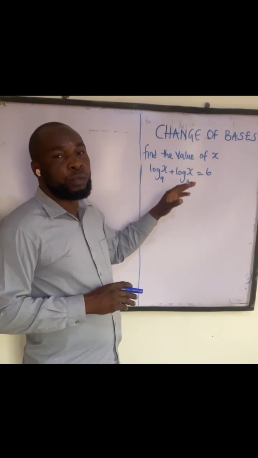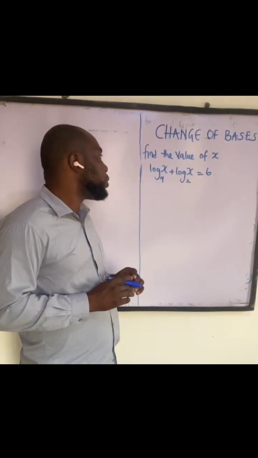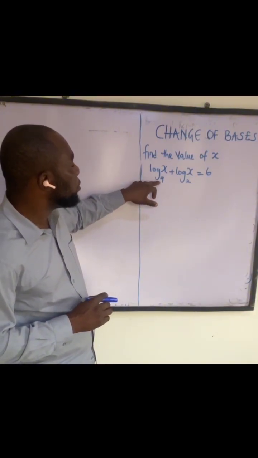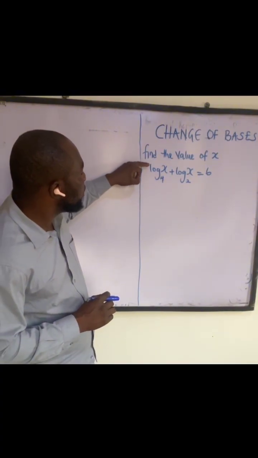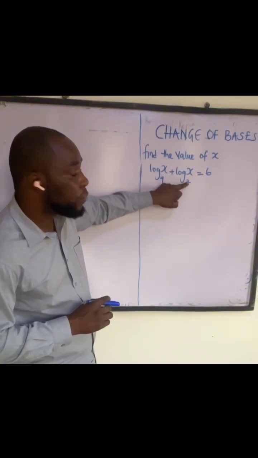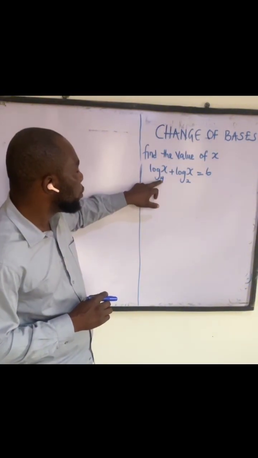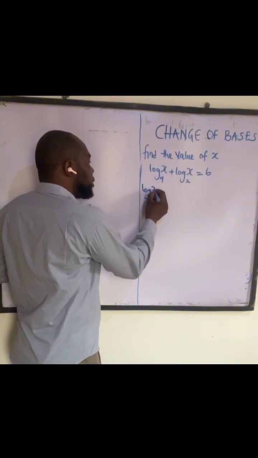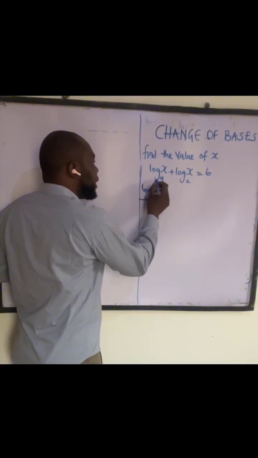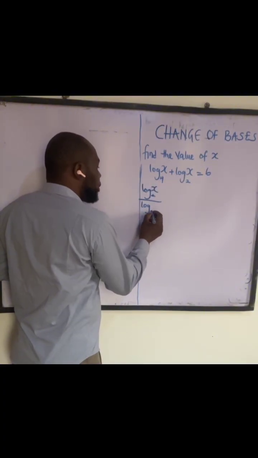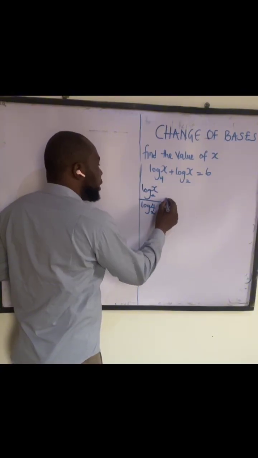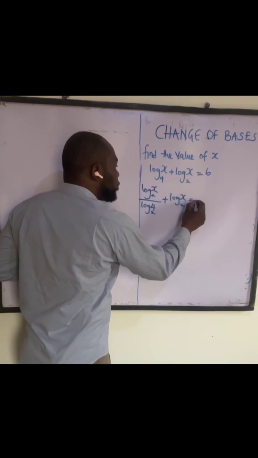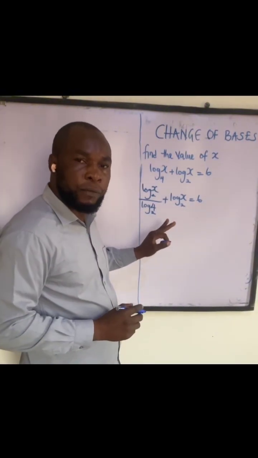To do that, we are going to use the change of base method. The change of base method says that since we want to convert base 4 to base 2, it's going to be log of x to the base we want to convert it to, over log of 4 to the base we want to convert it to, then plus log of x in base 2 equals 6. So this is the first step.